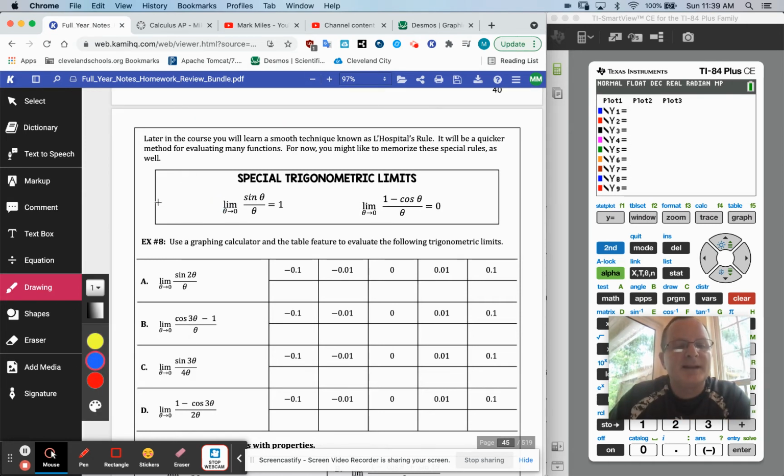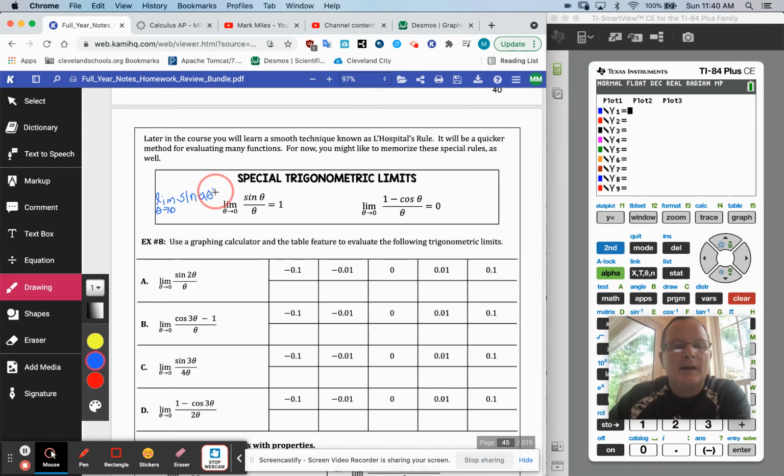In generalizing this, the limit as theta, we'll use theta again, approaches 0 of sine, and in some multiple of theta, I'll call it A. So A theta, doesn't matter.